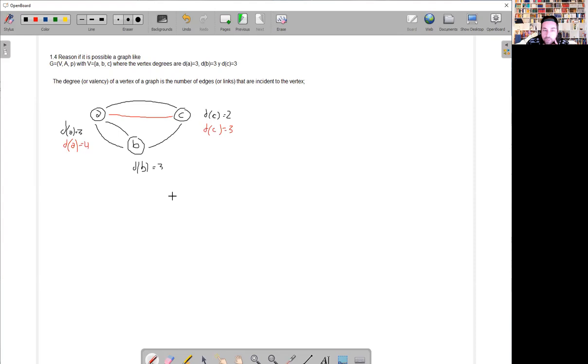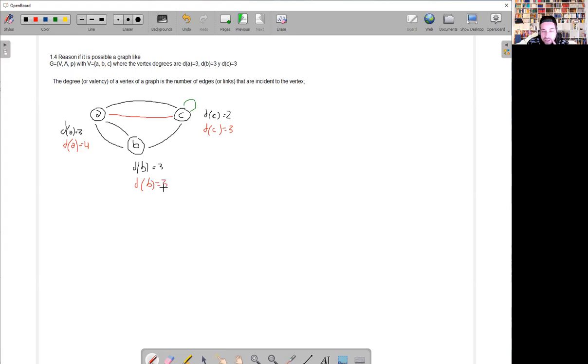What other things could we do? We could put a loop on C. Instead of linking these two nodes, we could put a link on C. And if we do this, the degree of B, as in the second option, is still 3.